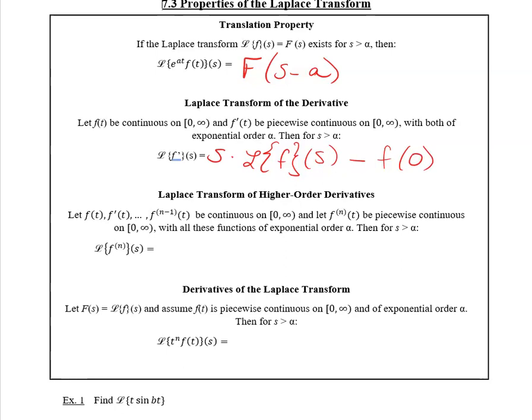This Laplace transform of the derivative is really a special case of this next rule, the Laplace transform of higher order derivatives. This is basically an extension of what we just talked about.